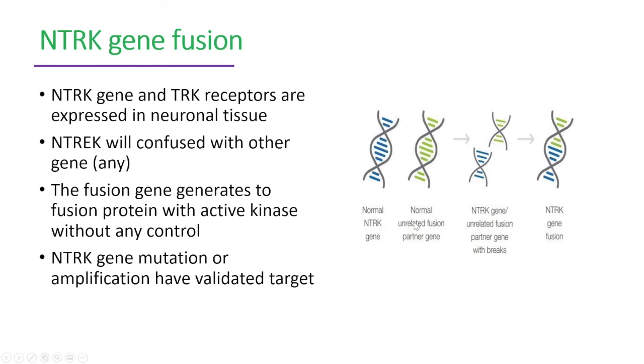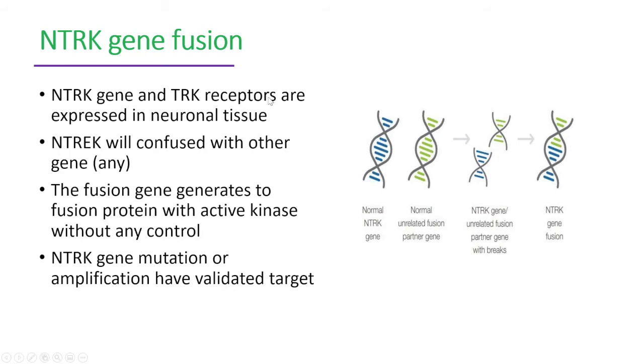And this happens during dimerization when the LBD section of the NTRK gene is lost. Then simply the gene will be susceptible to fuse with any other gene that's available.